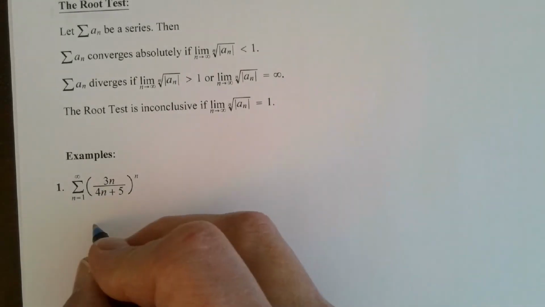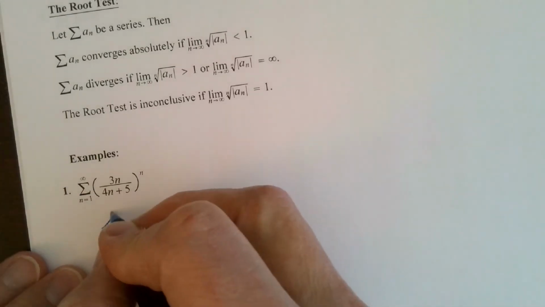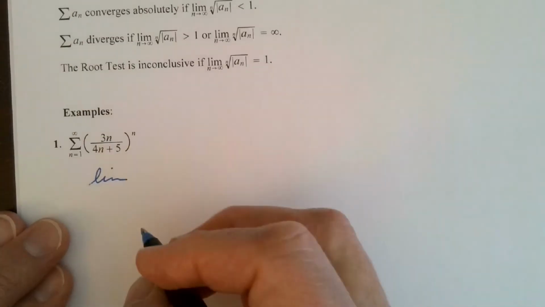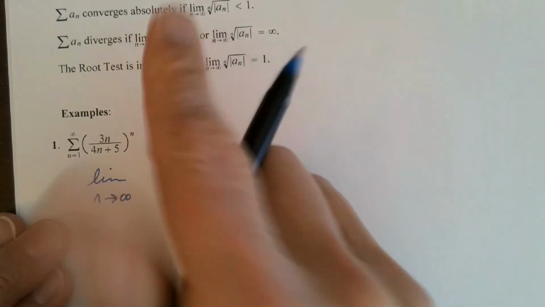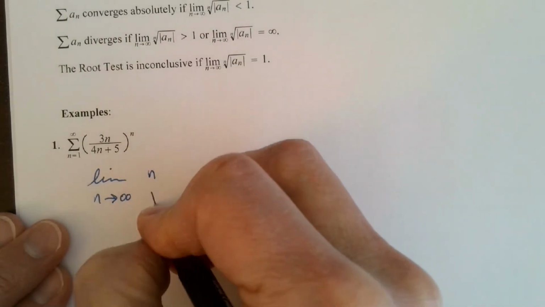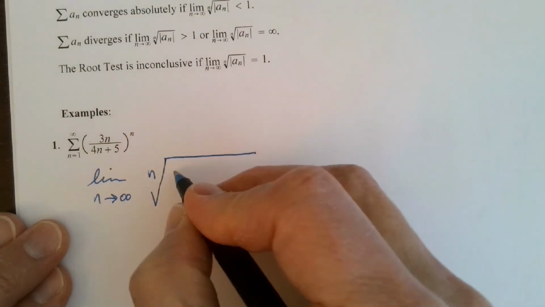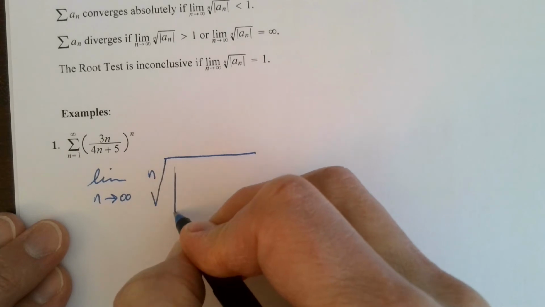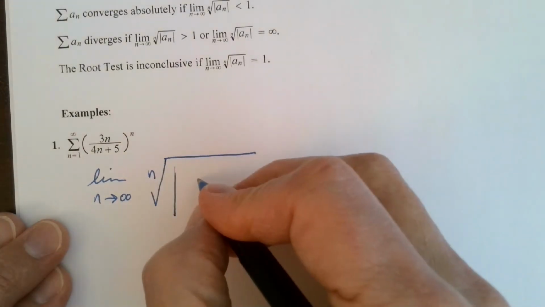I'm going to take the limit as n goes to infinity of what? The nth root, make a big nth root here, of the absolute value of just a sub n. There's no a sub n plus 1.